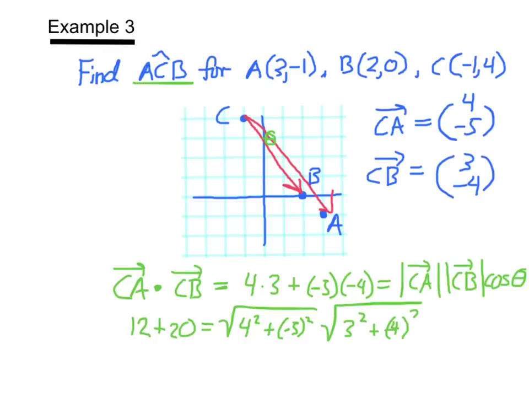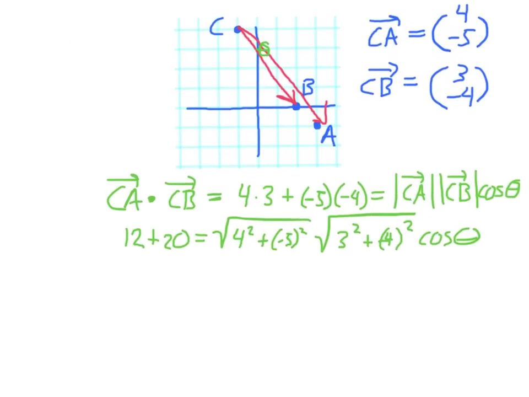That's a negative 4 squared, times the cosine of theta. Let's get a little more room here. And so we have 32 equals the square root of 41, 16 plus 25, times the square root of 25, right, 9 plus 16, times the cosine of theta.